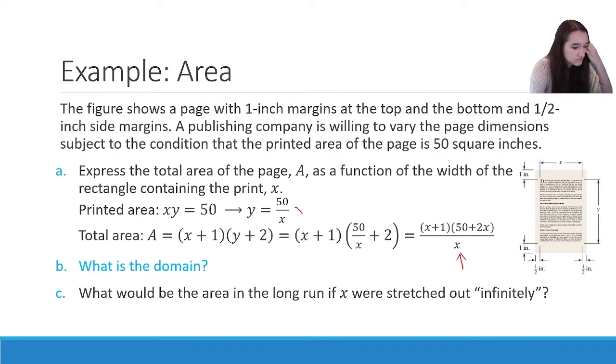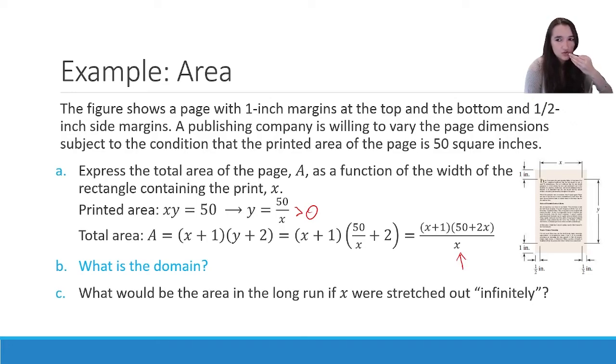But let's look at this. 50 over x has to be greater than 0. When would it ever become less? It's only going to be less if x is negative, right? Which we already know it's not.